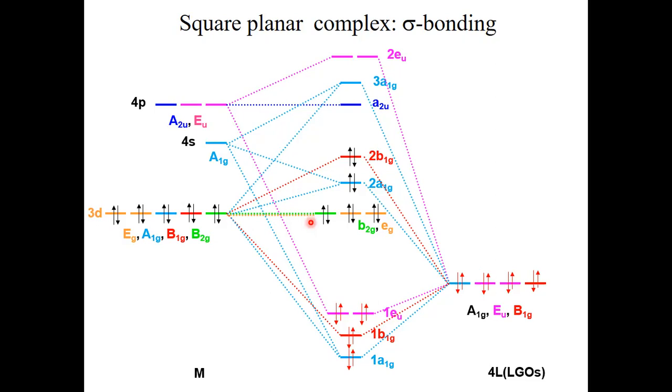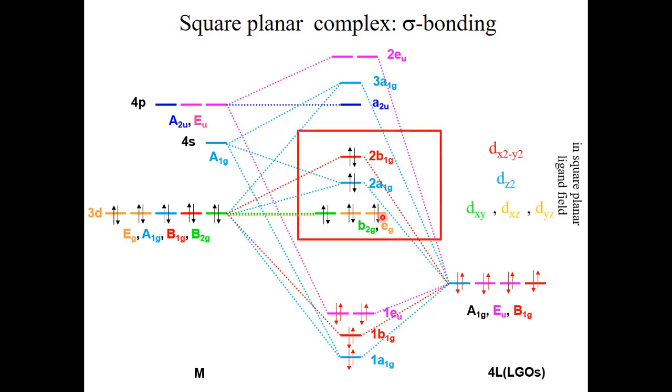So now we can again say that any metal d electrons that may be present would need to go into, as I said before, the B2G, EG, 2A1G, or B1G orbitals. So we could again say that these orbitals here are actually the metal d orbitals that split in energy due to the presence of a square planar ligand field.